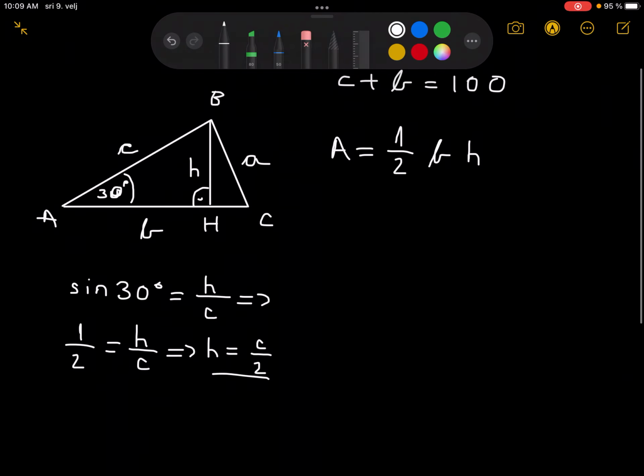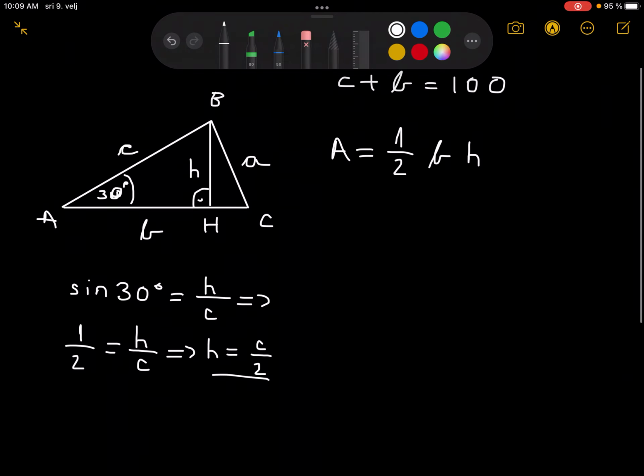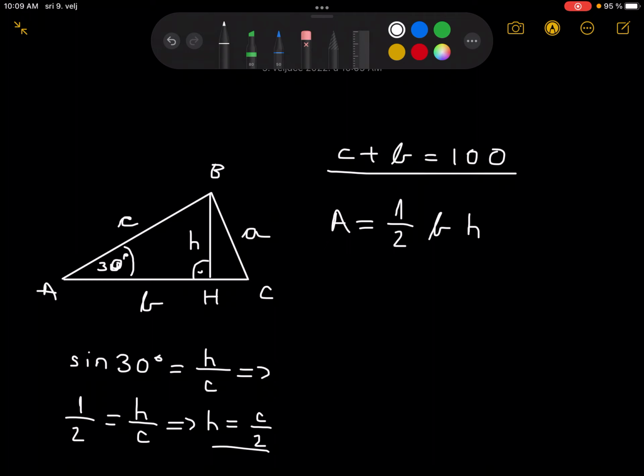Now, we want to do the same thing with B, and we can actually do that from this condition right here. Why? Because from here it follows that B is equal to 100 minus C. Okay, and let's just go ahead and plug these in here.